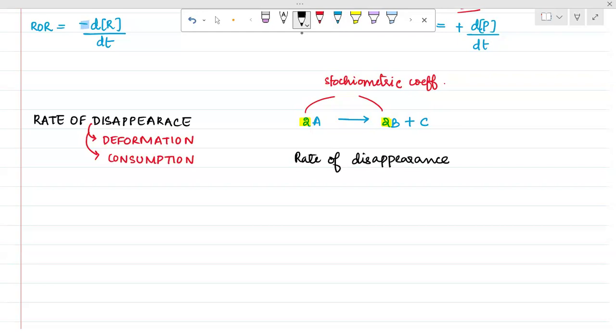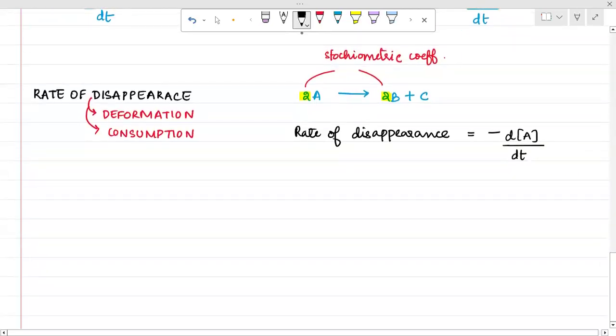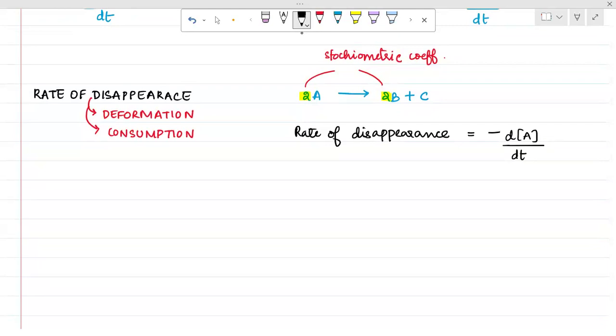A only will disappear because that is a reactant. That is simply equal to, as it is a reactant, you will put a negative sign, which we have already discussed, minus concentration changes of the reactant by time. Here the reactant is A, so it is minus dA by dt. That's all. You write the changes of the reactant with the changes in time, ignoring the stoichiometric coefficient. That's how you calculate rate of disappearance.